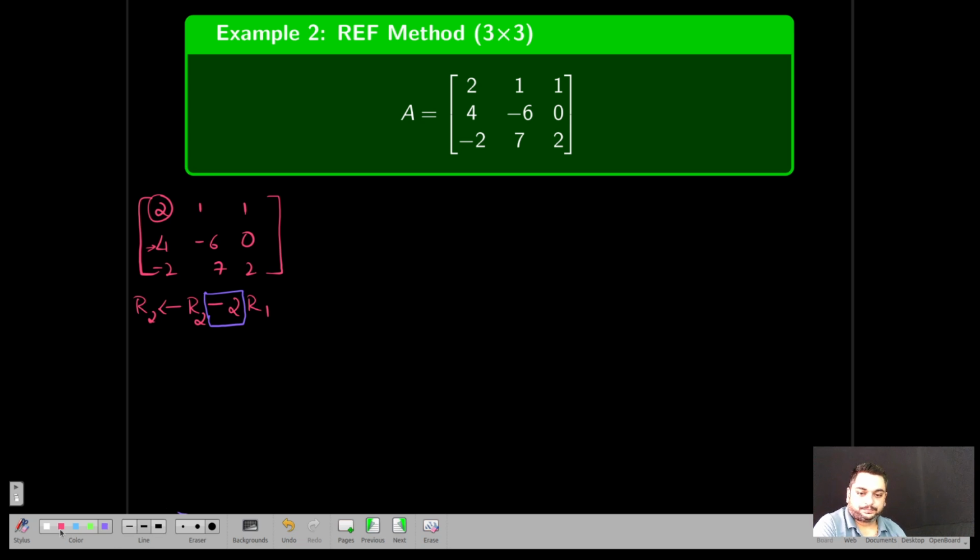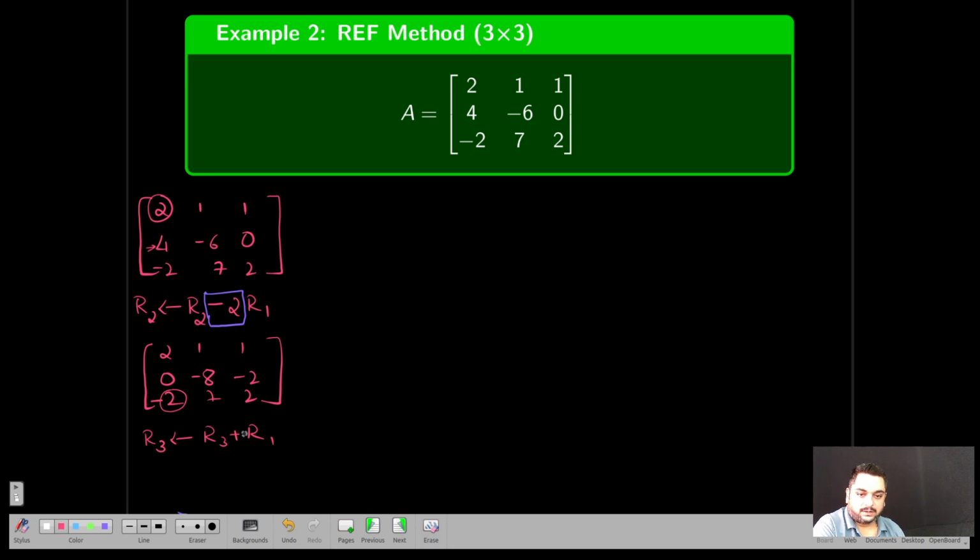Now continue solving this. 2, 1, 1, 0 becomes minus 8, and then 0, minus 2, minus 2. Next, this is 2, 7, 2. Now we will make this 0. How will I write? R3 is R3 minus minus 2, so plus R1.